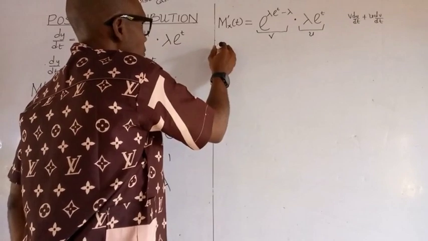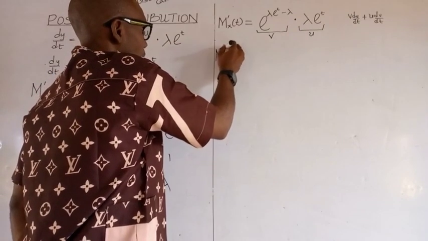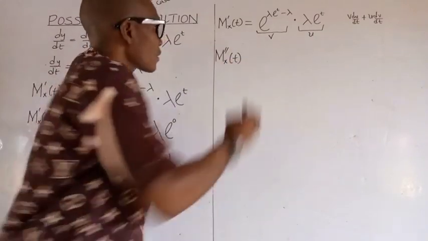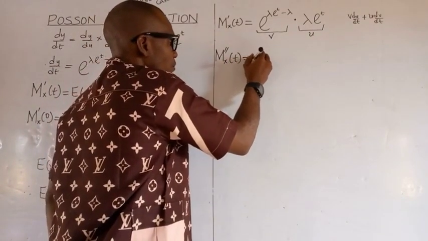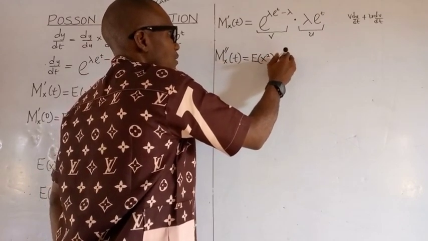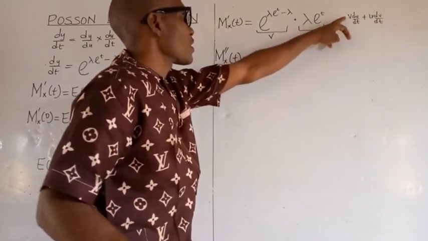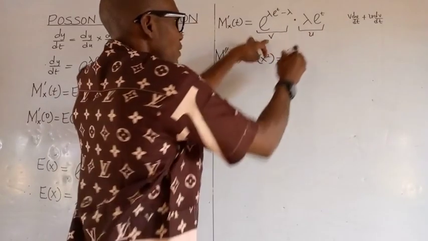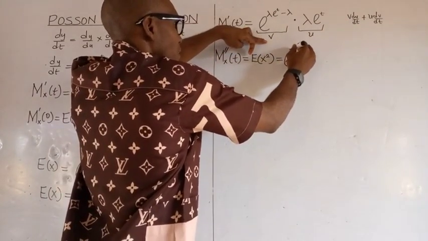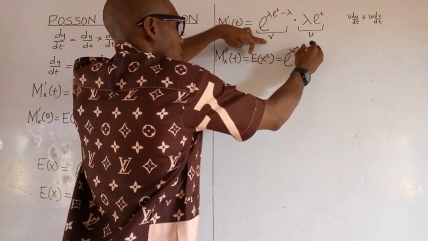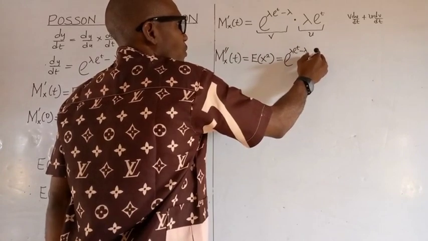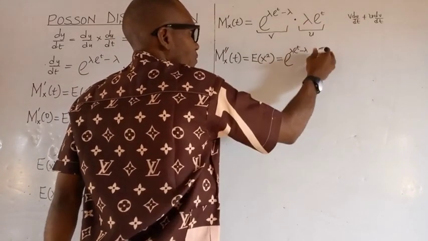So the second moment, which is the second differential, is also equal to the expected value of x squared, which is, we bring down v, multiplied by the du over dt, which is this.